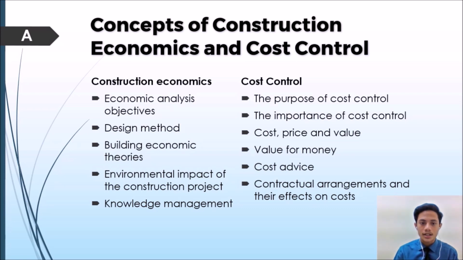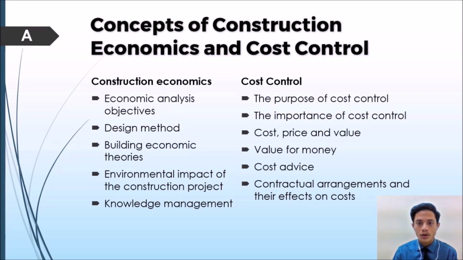We also have the economic analysis objectives, which revolve around how to secure cost effectiveness for the client. We're also going to discuss the design method, which is usually a combination of three: function, technology, and aesthetics. Other topics regarding construction economics will be further explained in the report, which are the building economic theories, environmental impact of the construction project, and knowledge management.